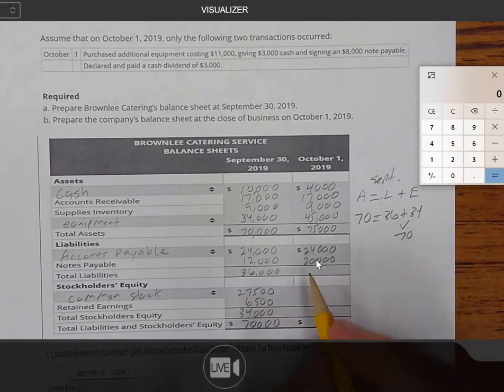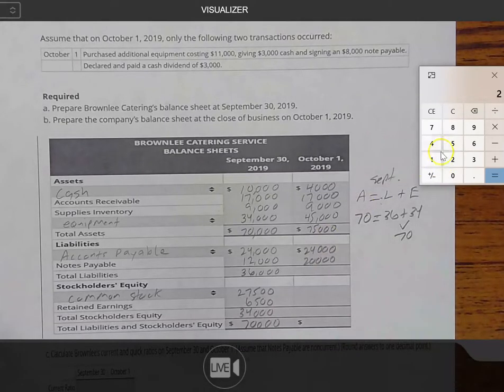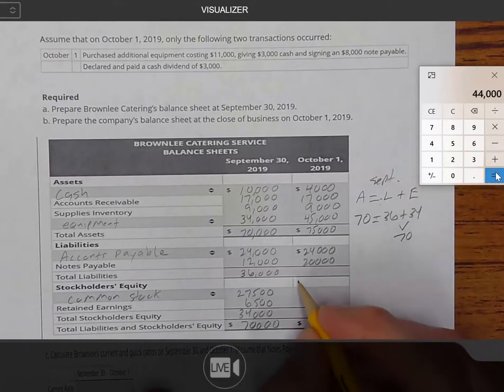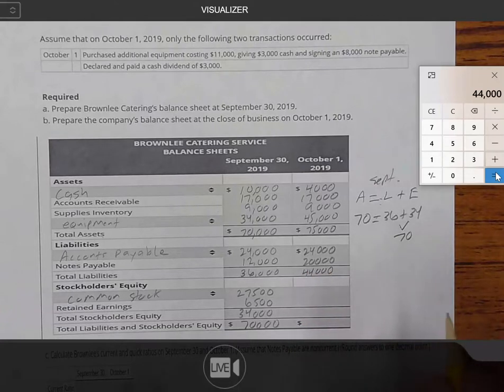And then we simply add the $24,000 in accounts payable plus the $20,000 note payable, and we come up with total liabilities of $44,000. Again, keep in mind this is a brand new business, and so we don't have a lot of transactions quite yet.